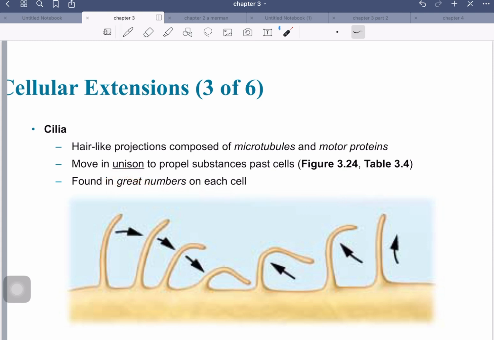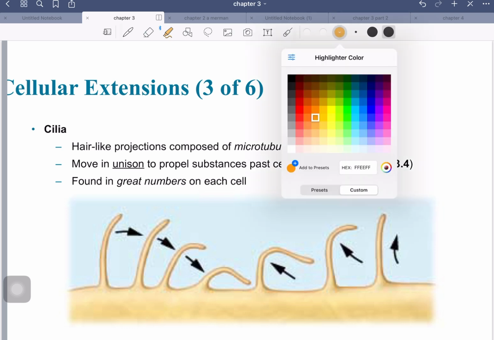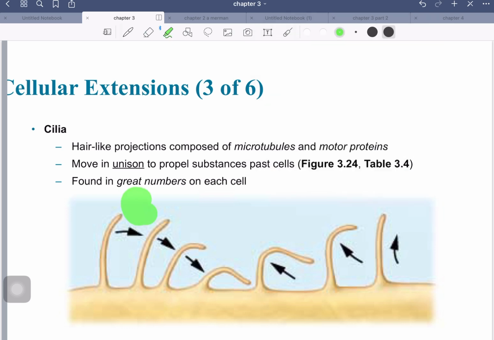And one great example is many of the cells in the respiratory tract are ciliated to move mucus and secretions up and out from the lungs. And you can see what happens is, let's say we had some green mucus to move up and out from the respiratory tract.